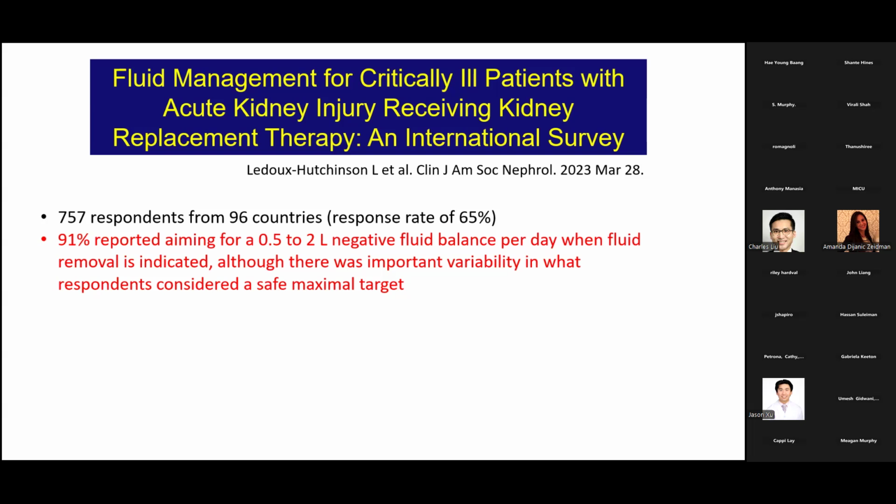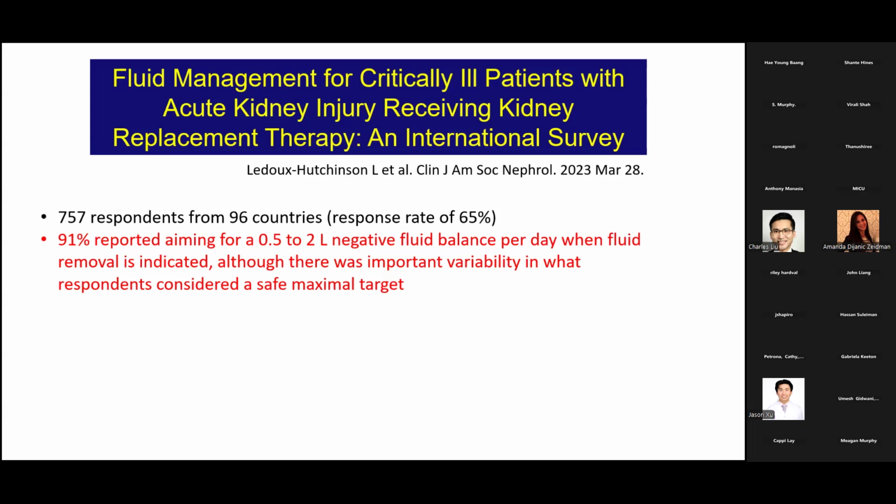One of the key questions was your average net negative fluid balance when you decide to remove fluid on a patient who is critically ill with AKI in the ICU. The answers fluctuated between 0.5 and 2 liters net negative fluid balance per day, which is very reasonable. I think that's also our practice at UAB. For example, on average per day, we will fluctuate between 1 and 2 liters sometimes.